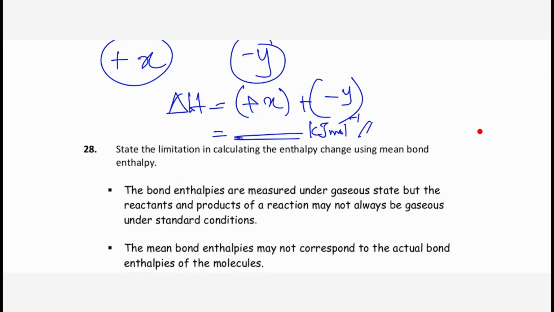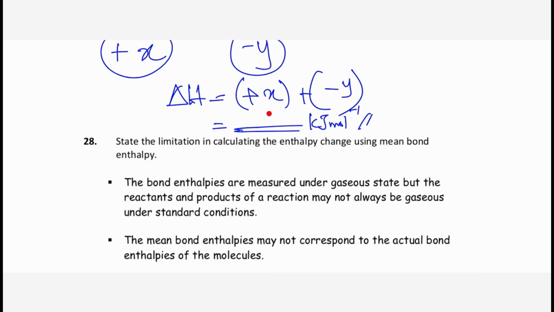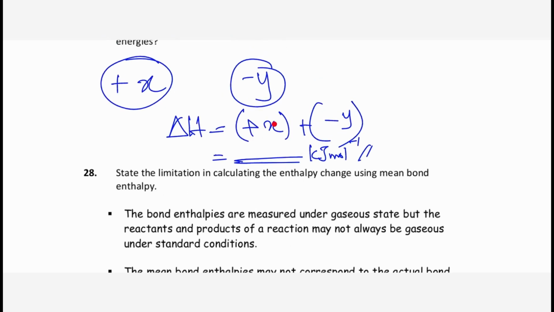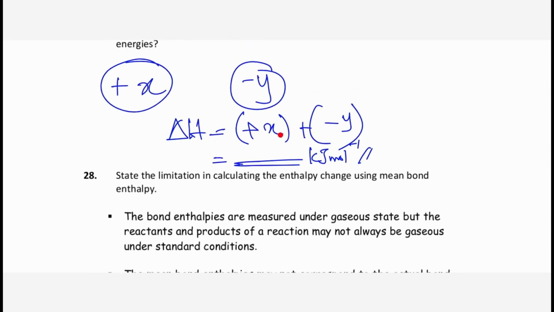Right? So there are some limitations in this calculation, because what you get here is the experimental enthalpy change, not the actual enthalpy change of a reaction. The limitations are that mainly the bond energies which we use are not the actual bond energies.